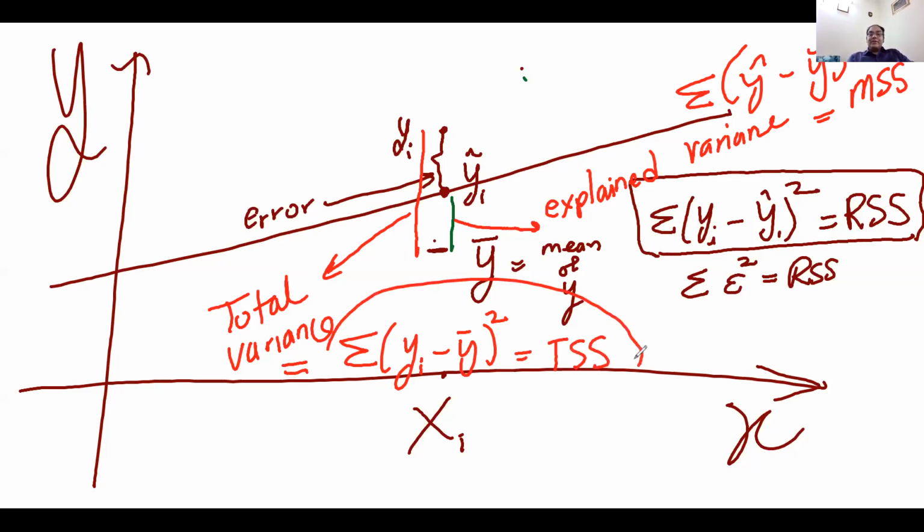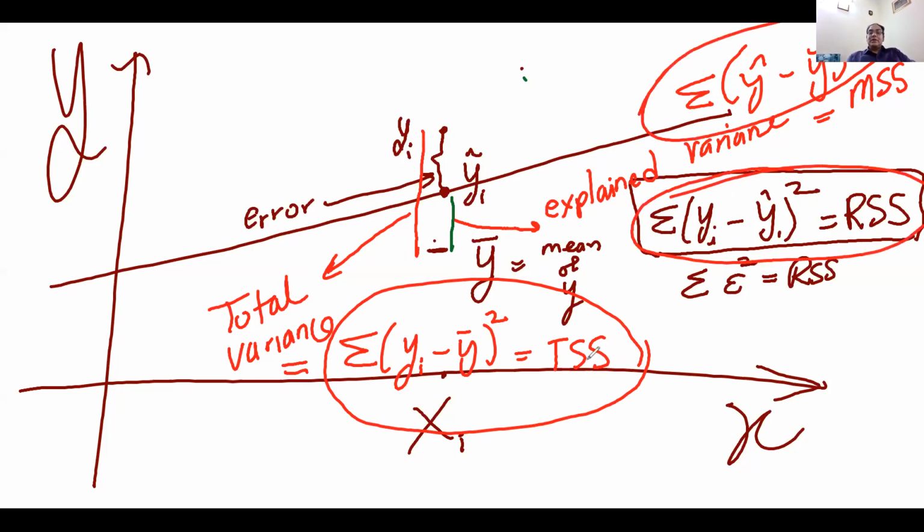We have three important conclusions: total sum of square, residual sum of square, and model sum of square. Now let me show you these results in the regression model.